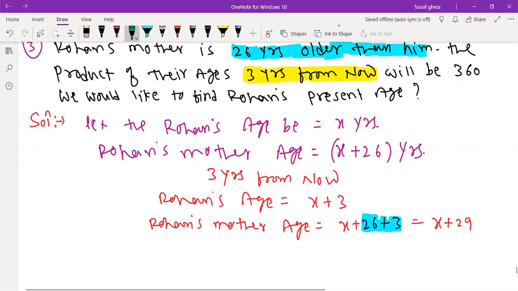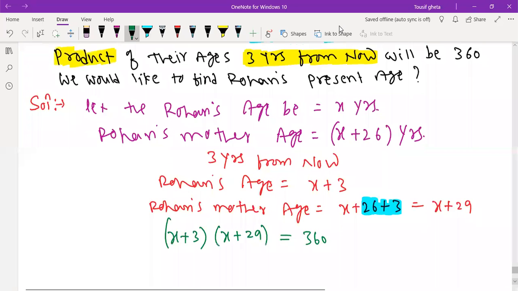Now we will go for the next data, the product. So let us take the product. Now Rohan's age is x plus 3. Mother's age is x plus 29. The product of their ages is 360. Simplification is very easy now.